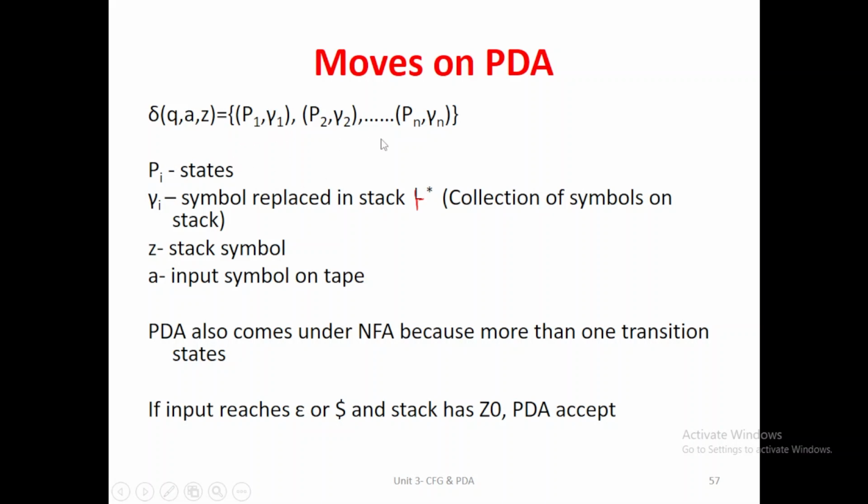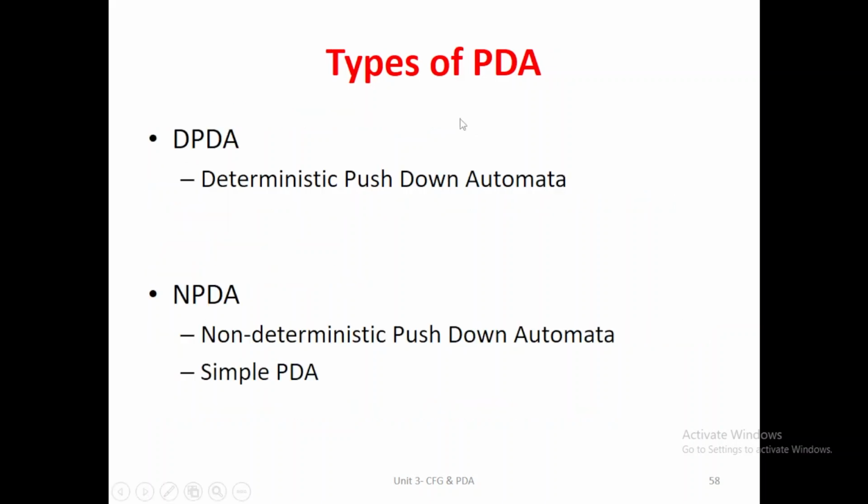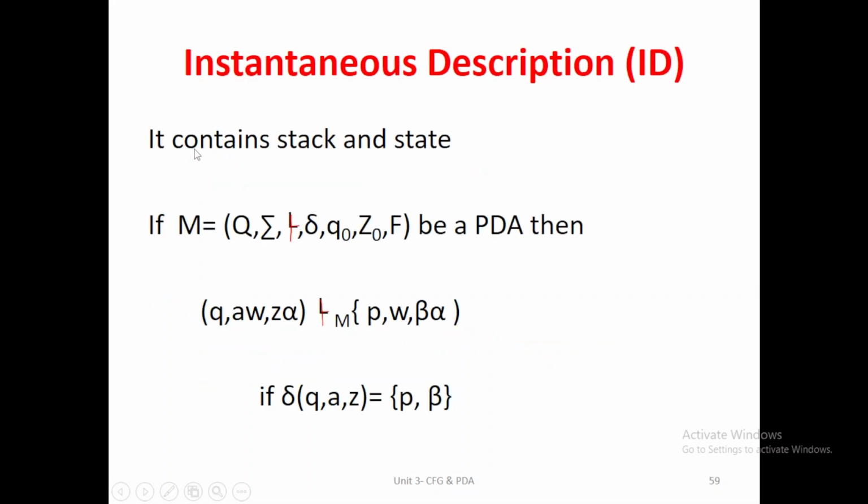But here in the slide, P1, P2, Pn are different states available. So for one transition function, there may be the possibility of more than one output state, and this type of PDA is called a non-deterministic PDA. Like a finite automata, the default PDA denoted is only a deterministic PDA.